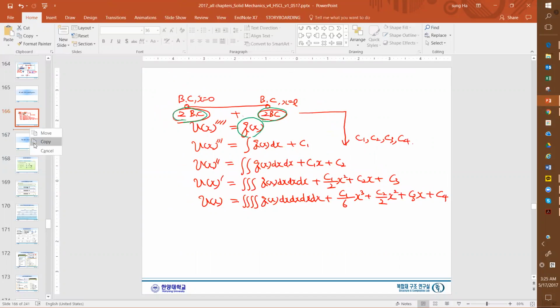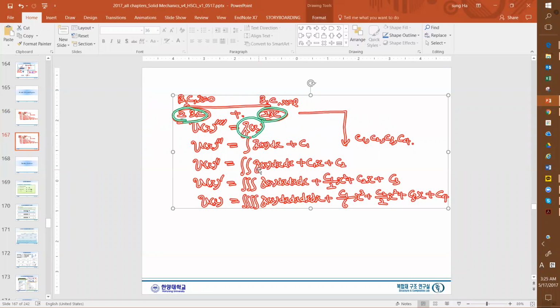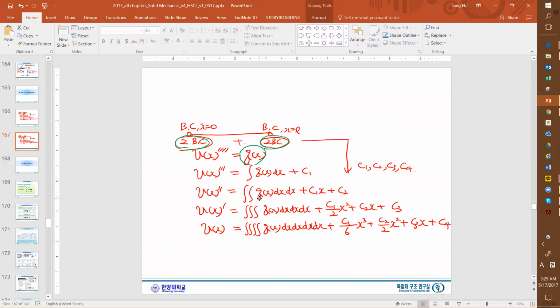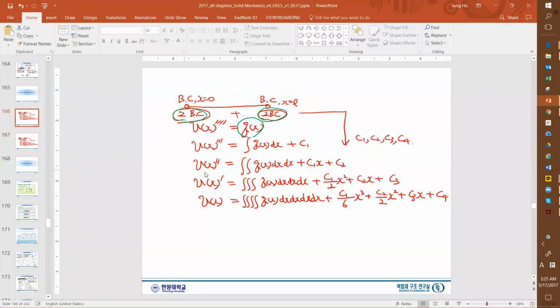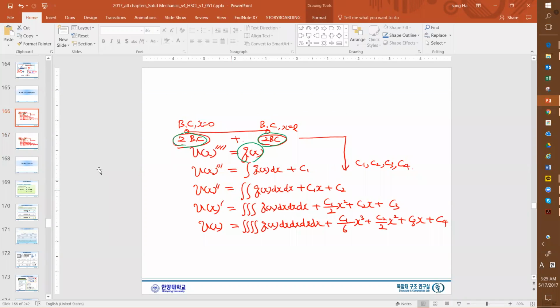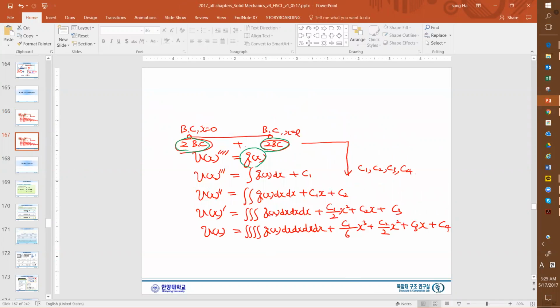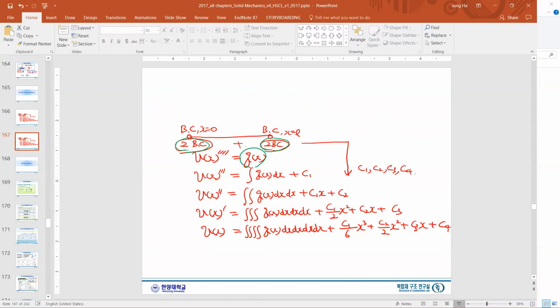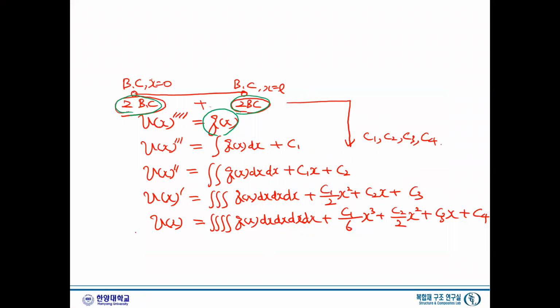Okay, so let's apply these steps to a very simple case, such as the beam.